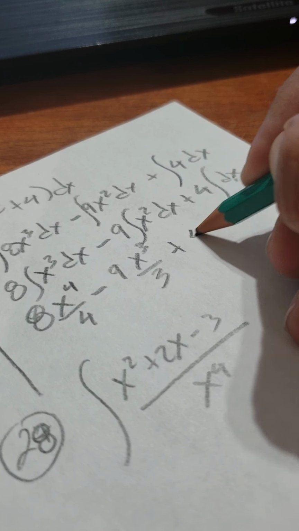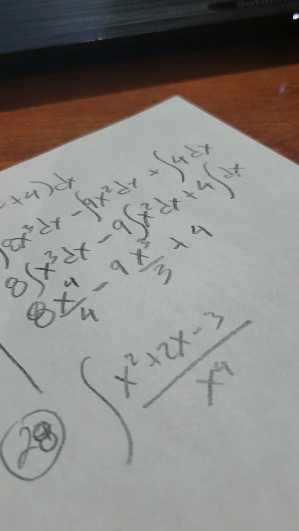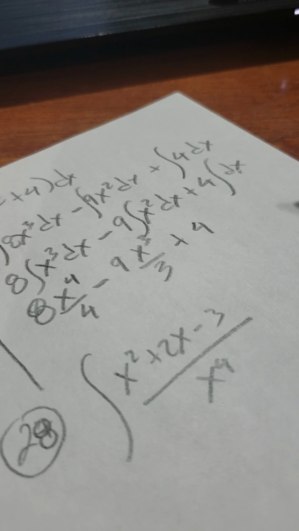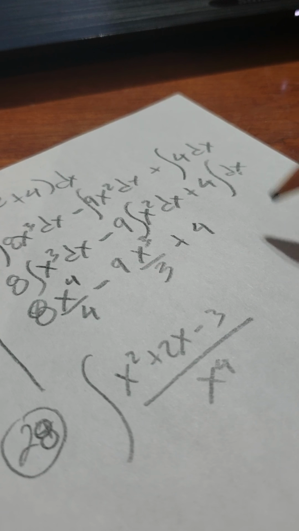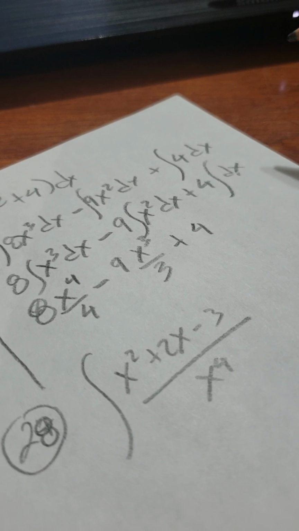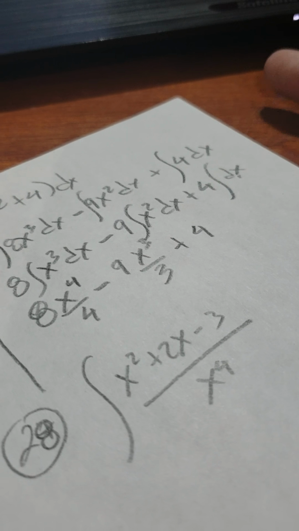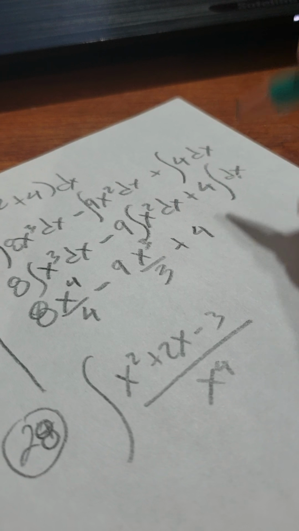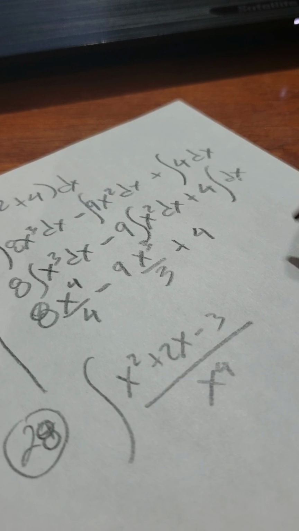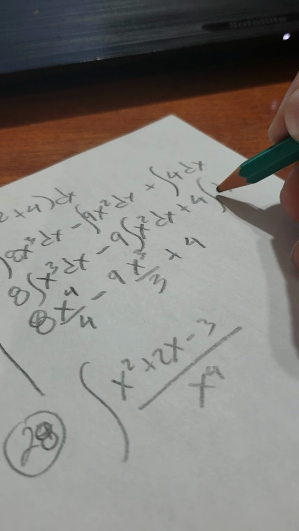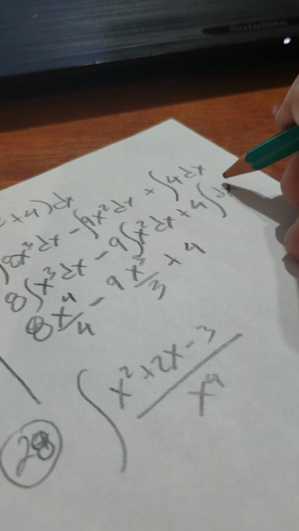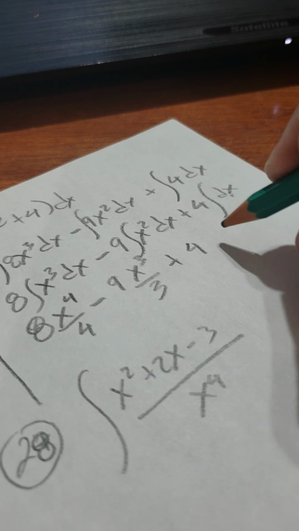Plus 4. Now, what happened in this situation that we don't have a number in this part? Remember, this is 1. Okay? That is the value 1, because it's x to the 0 power. And for x to the 0 power, the exponent 0 plus 1 will be x to the 1 power divided by 1.